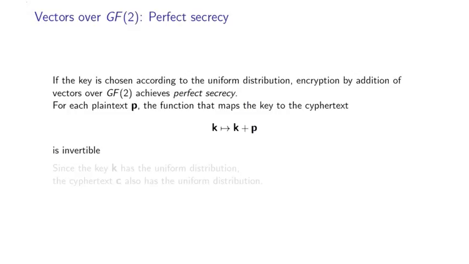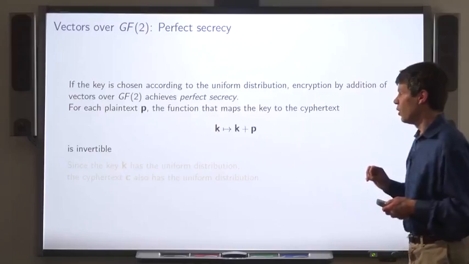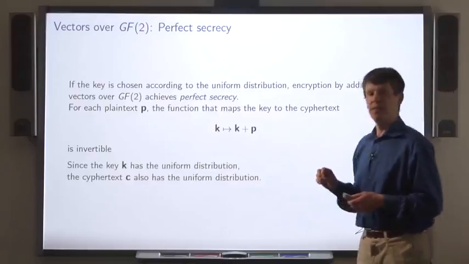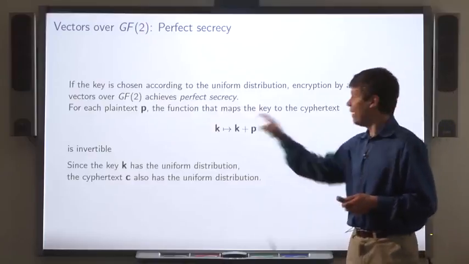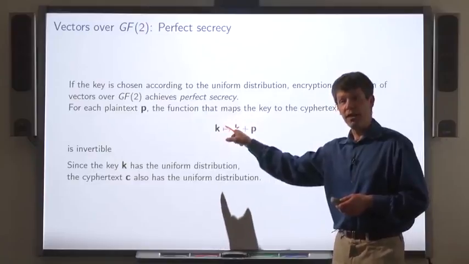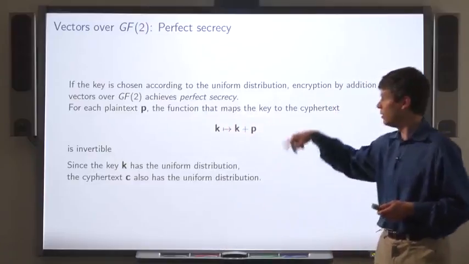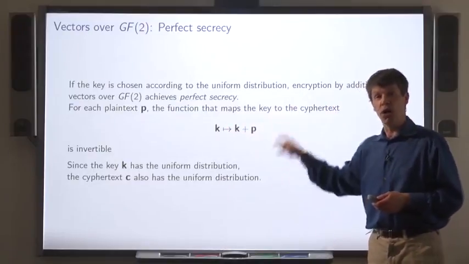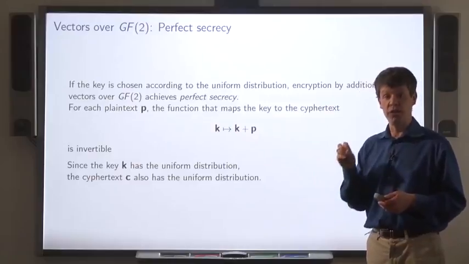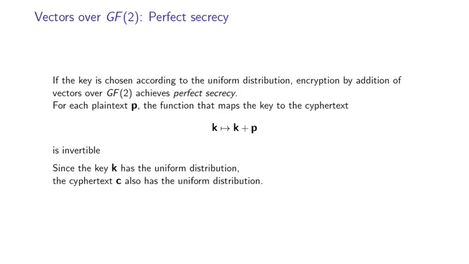For each plain text, there's a function that maps the key to the ciphertext. Namely, given the key k, it maps k to k plus p. Now, this function is invertible. What that means is that if the key k is chosen according to the uniform distribution, the output will also be distributed according to the uniform distribution.